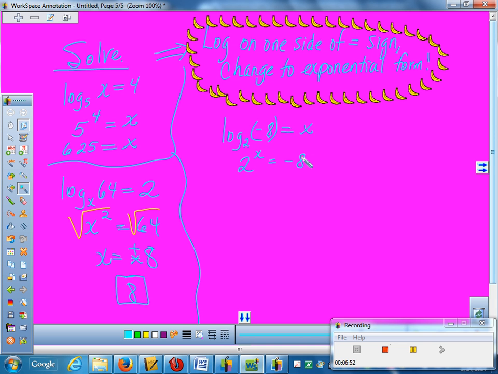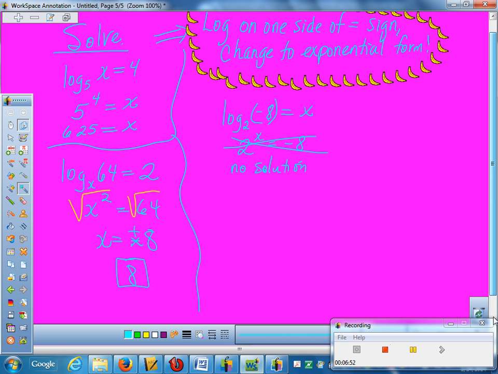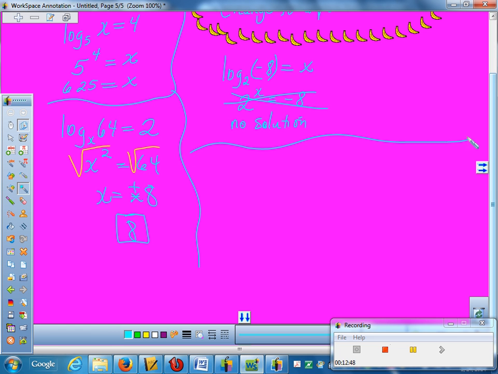Can you have the log of a negative number? Nope. You can't have negatives with the log. So you could have looked at this problem and never started it and said, this is not possible. It's a no solution instantly because you can't have a negative number with the log. Period. So if you get a negative number with your log, you are done. You get to quit.